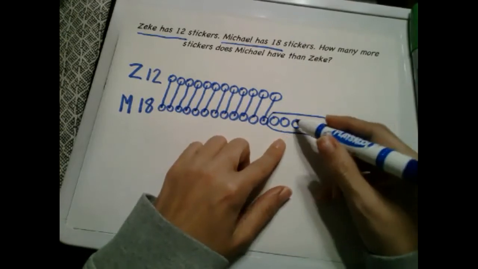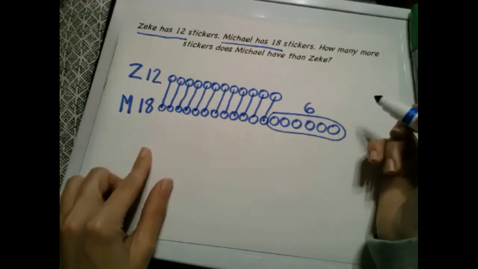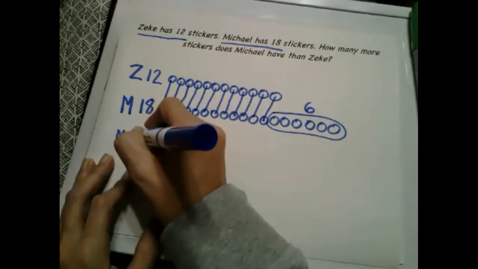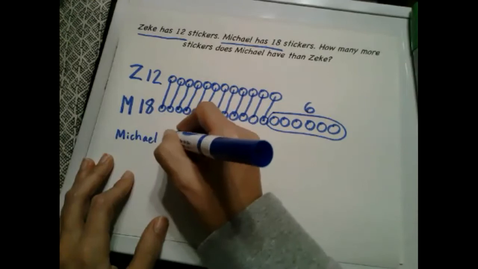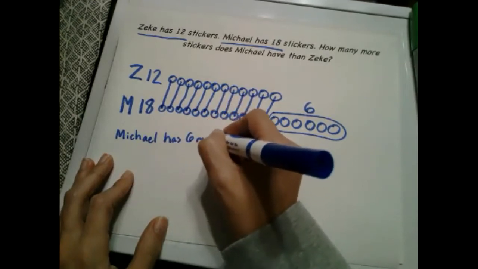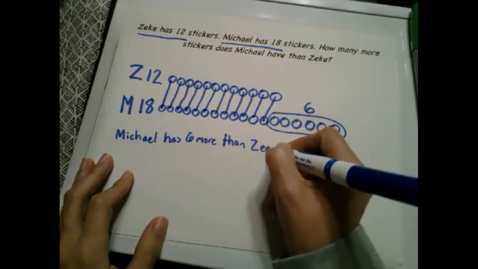1, 2, 3, 4, 5, 6. So I could say that Michael has 6 more than Zeke.